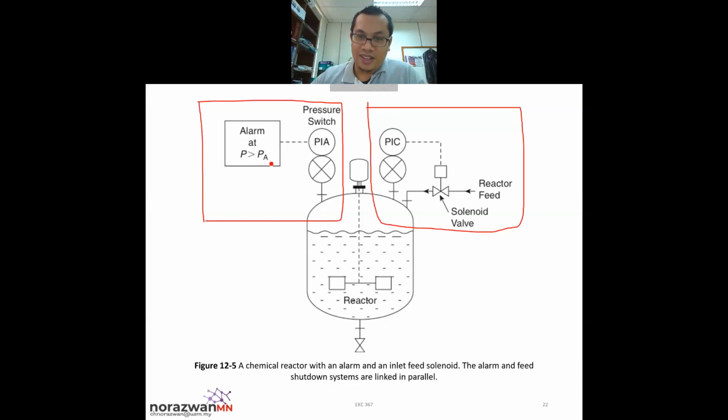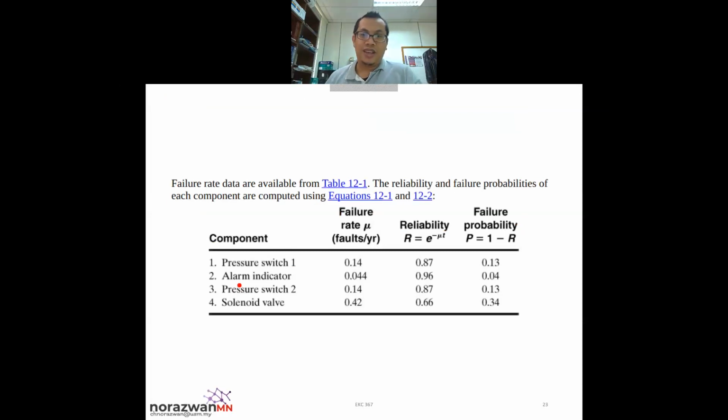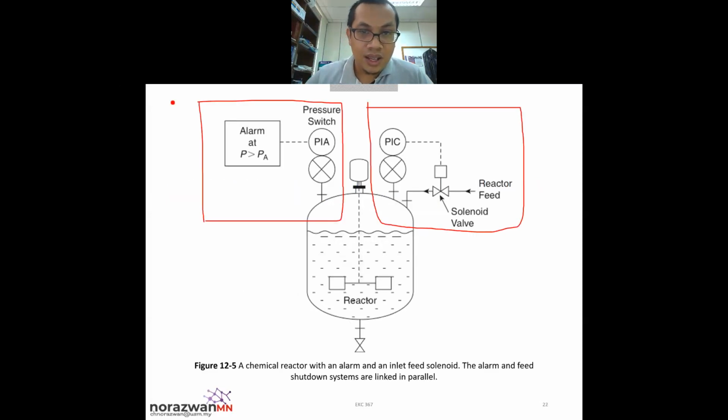Okay, I give some information to you. This is the data. Remember we have a pressure switch here, and this is also a pressure switch.